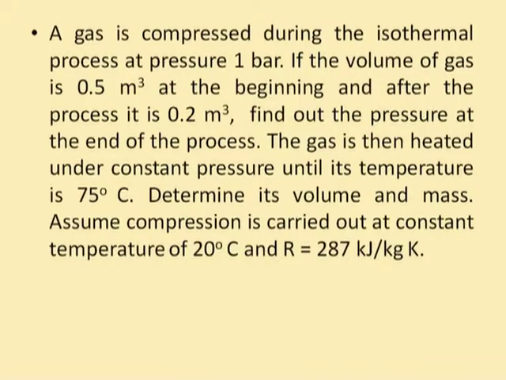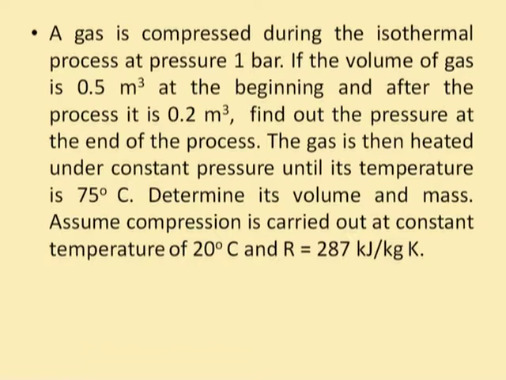See the data. A gas is compressed during the isothermal process at a pressure of 1 bar. If the volume of gas is 0.5 meter cube at the beginning and after the process it is 0.2 meter cube, find out the pressure at the end of the process.